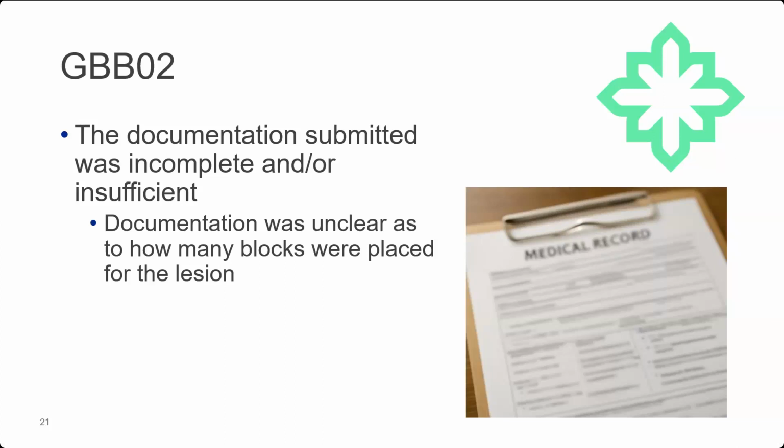So you can support not only that initial code, but any add-on codes if they are indicated. And so again, the denials we made under this denial reason code were because we did not have good documentation of exactly how many blocks to know if the add-on codes, or if the first code, was even appropriate.